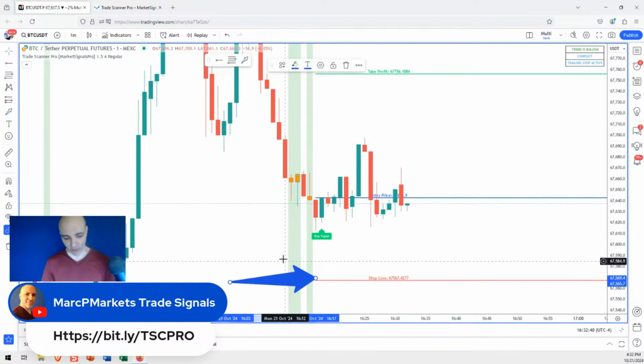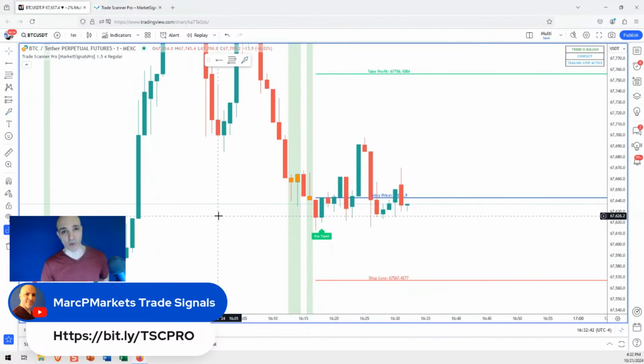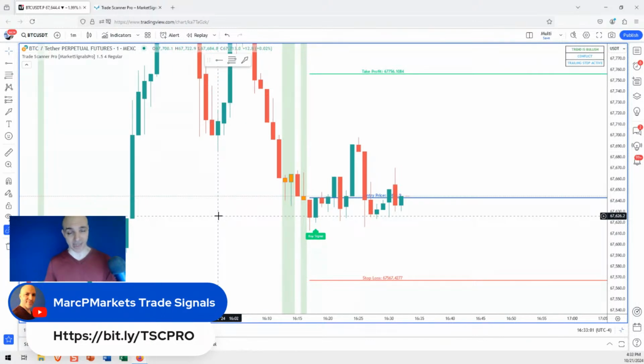Okay. That's the beauty of it. This reduces your learning curve so that you don't have to figure out all this other stuff. And let me tell you, as Savi can tell you here, it can take many years to figure out how to do what this thing is doing for you. That was the whole premise, right? When I put the trade scanner bot idea together, it was to reduce the learning curve.